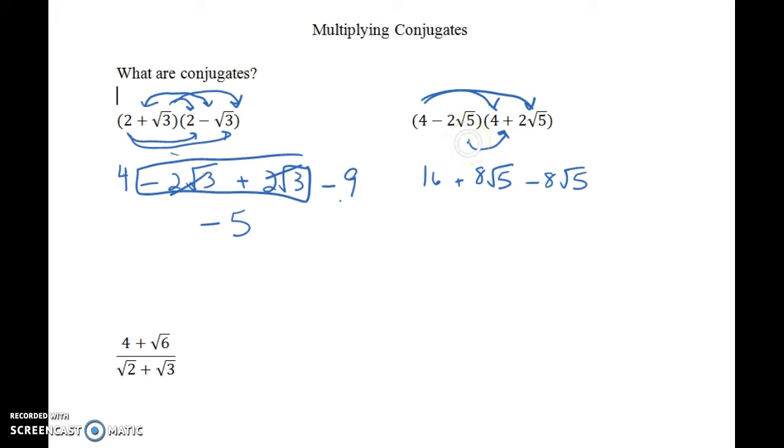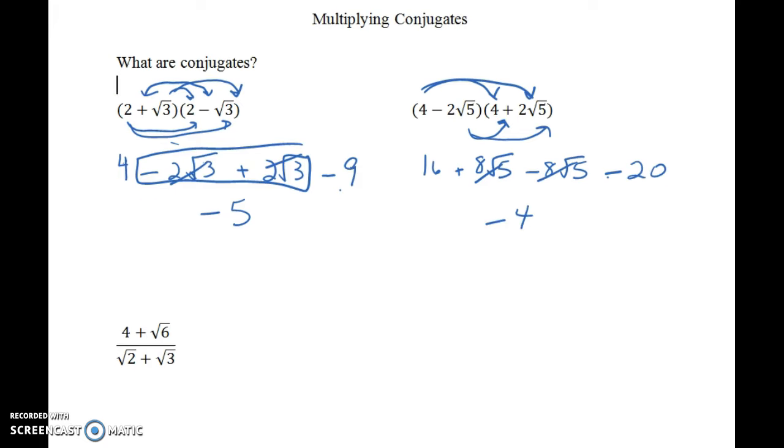And negative 2 root 5 times 2 root 5, which is negative 4 times 5, which is negative 20. Again, our middle terms, our radical terms, cancel out. And we get 16 minus 20, which is negative 4.